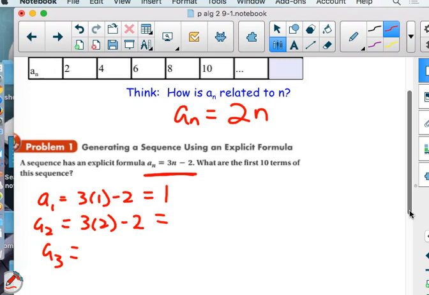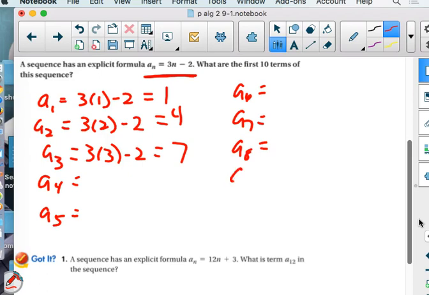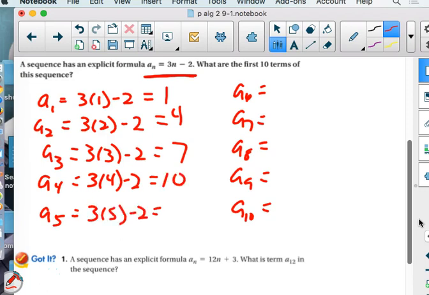What will that come up to? Put a 3 in. I'm going to need to write more numbers down. 5 gives you?